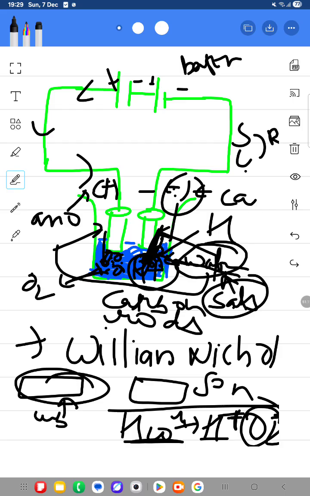Here we know that like charges repel each other and unlike charges attract each other. Hydrogen contains positive charge, so it will form at the negative terminal of the battery, and oxygen is of negative charge, so it will form at the positive terminal of the battery.